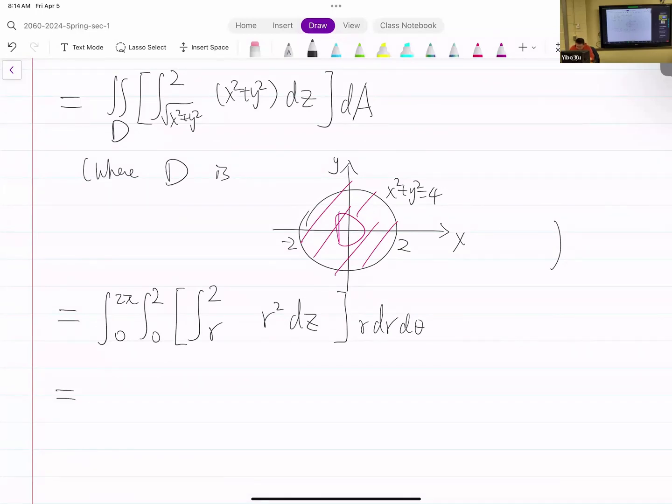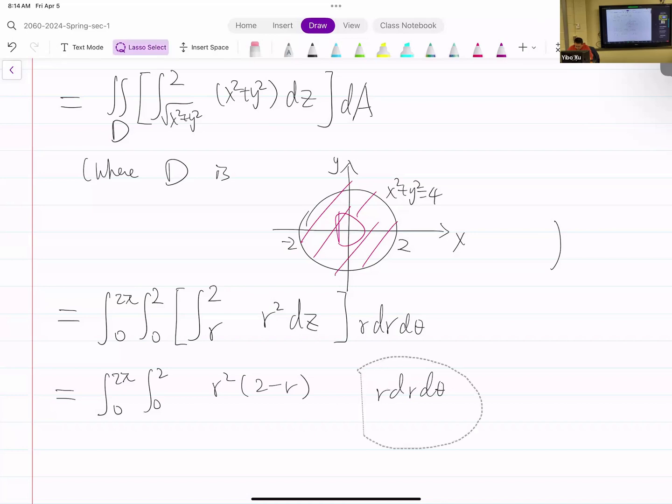For the outer, we keep d theta. On the inner, we have r squared times 2 minus r. Now we have a degree 3 polynomial from the inner, and on the outside, we are multiplying by r again.